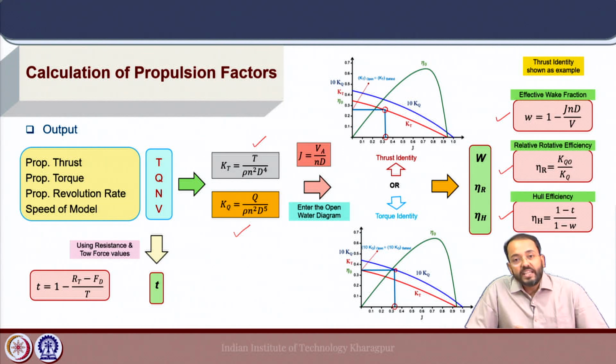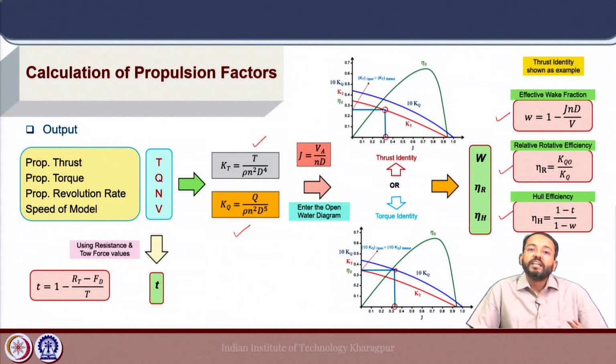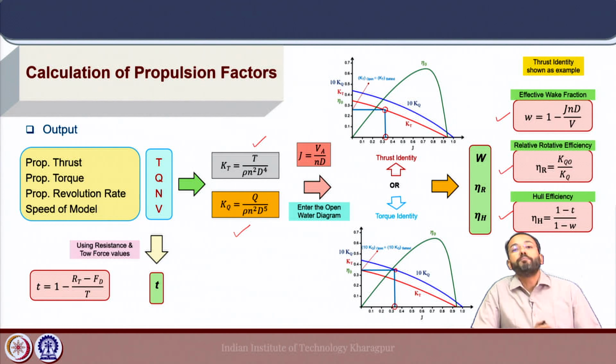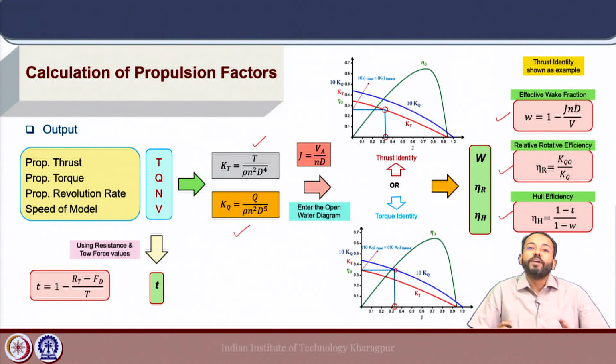Now, in the wake measurement tests, one can use different ways to measure the wake velocities behind the ship hull and get the average velocity on the propeller plane without the presence of the propeller. So, it is the averaged value of the velocity at the plane of the propeller measured behind the ship hull, but without the presence of the propeller itself.